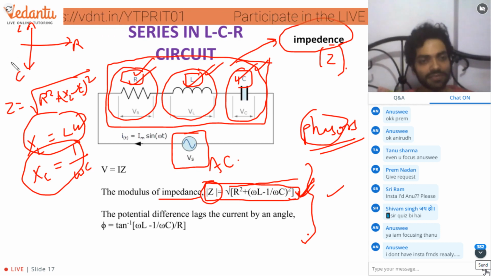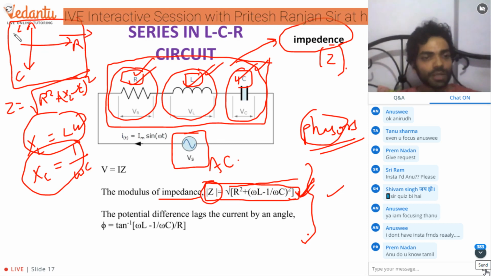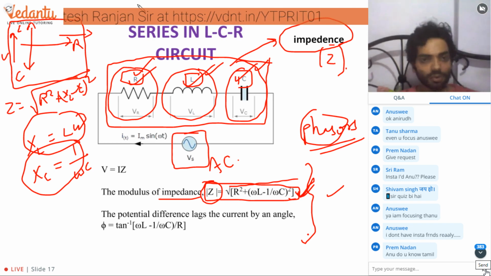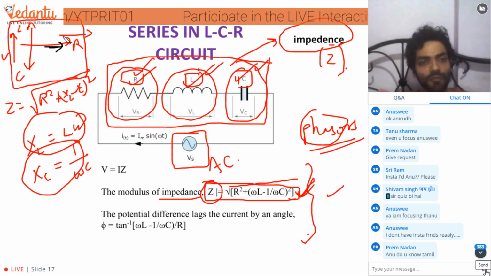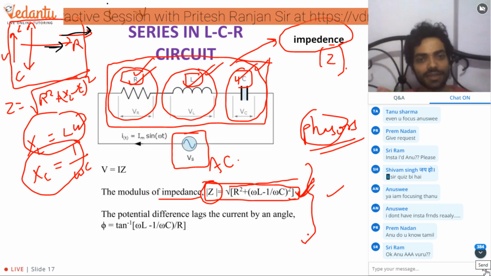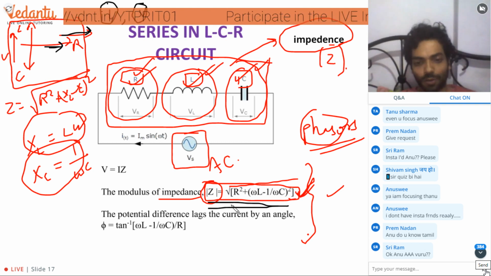I have fixed these directions, and I'll be taking the current along the resistance and the voltage along the y-axis. From here, guys, you can observe that the motto of making this arrow diagram is to know the directions and the values for instantaneous current and instantaneous voltage. So you could use this formula now to go to the following quiz.